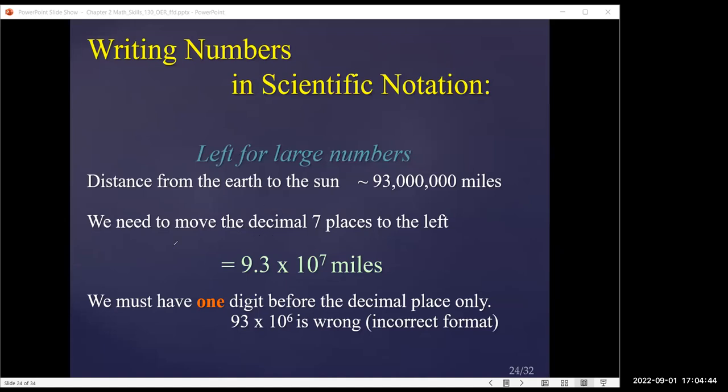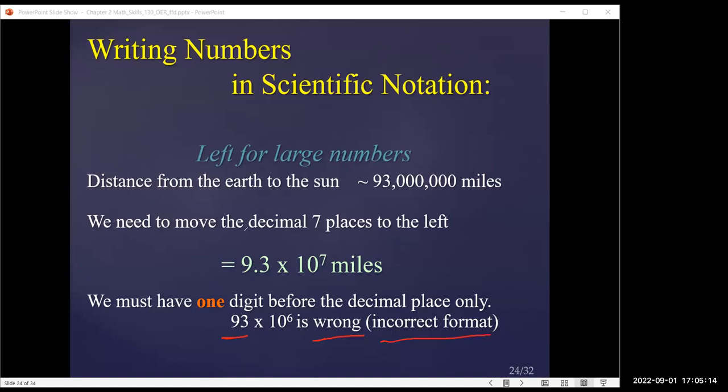In other words, there's always going to be a number, and then you may have a decimal point, you may not, and then whatever other numbers follow. What you're asking is like that example here, 93 times 10 to the 6. This is not the correct format, okay?